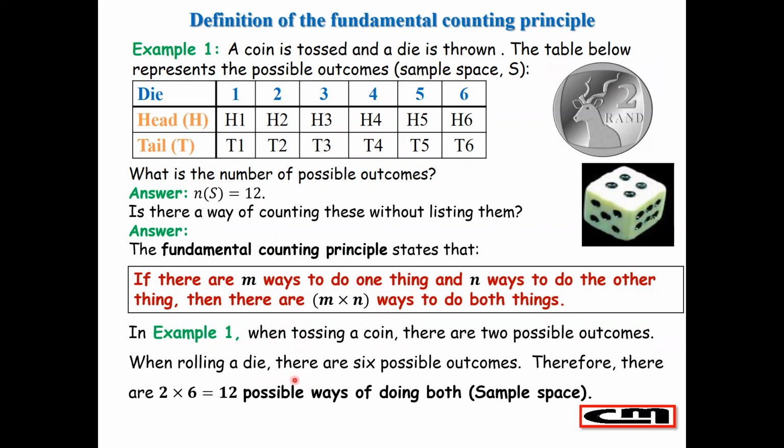When rolling a die, there are 6 possible outcomes. Those are the number of ways we can associate with throwing a die, right? Therefore, there are 2 times 6, which is equal to 12 possible ways of doing both, which is the sample space.